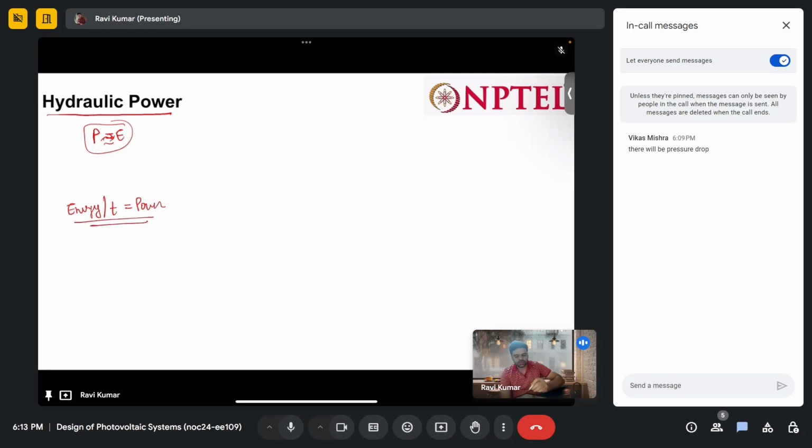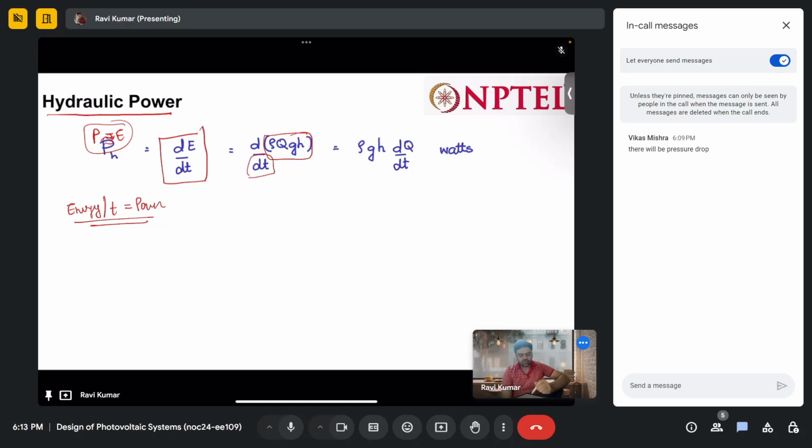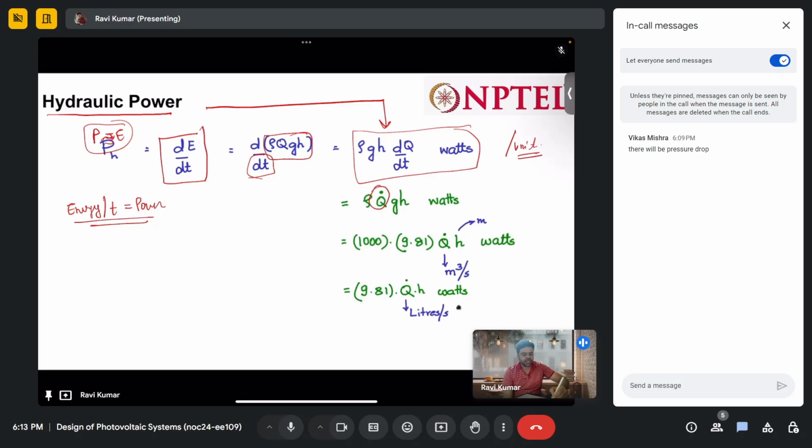So here also similarly dE by dt, so rho g h Q by dt, that is the time, we will get this particular formula for hydraulic power. So here we have everything per unit time. That's why this Q volume we will have in, let's say, meter cube per second. And this is converted into liter, same thing.